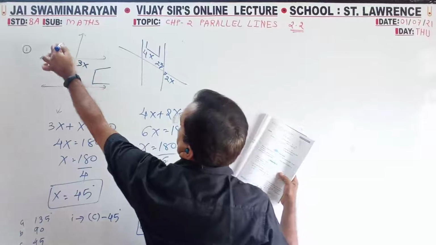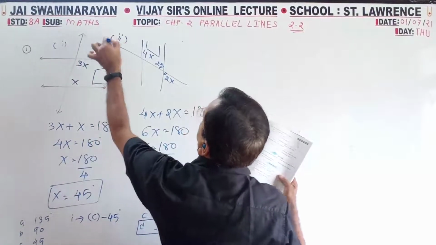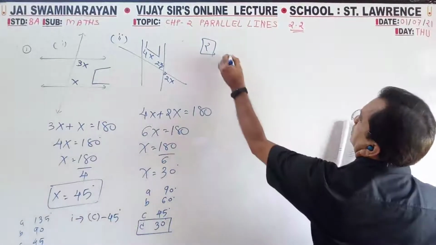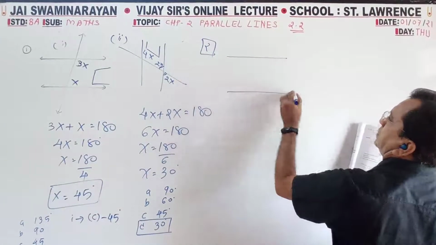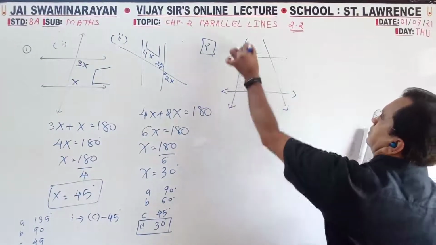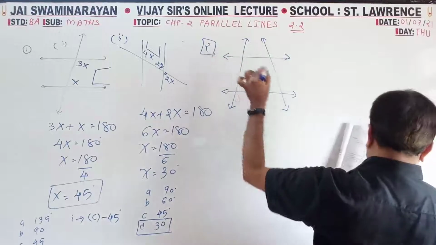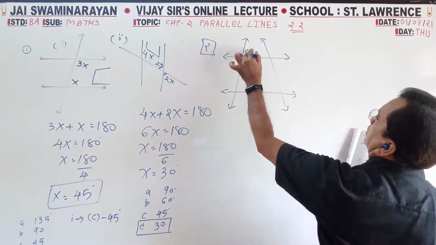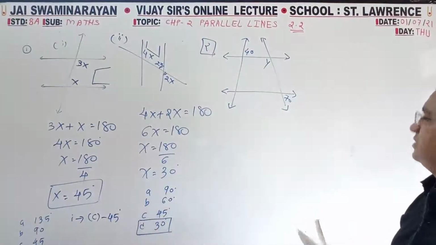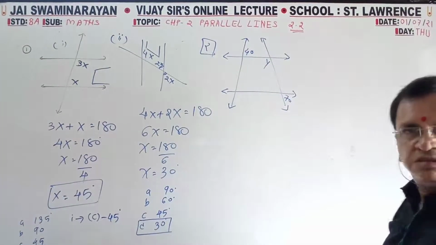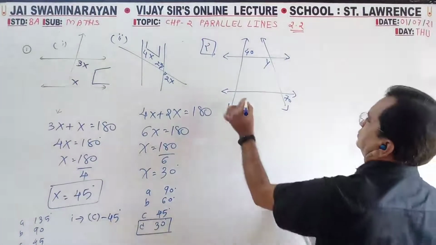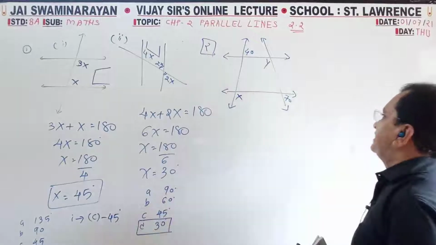This is first, second. This is 40, y, 70, and x also. This much we want.